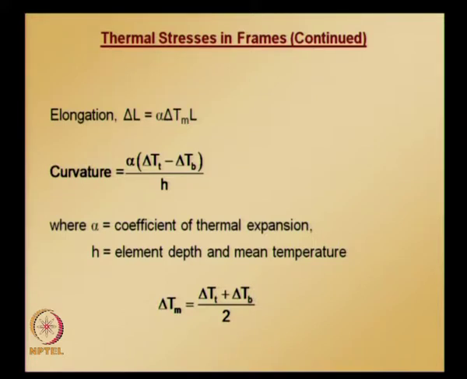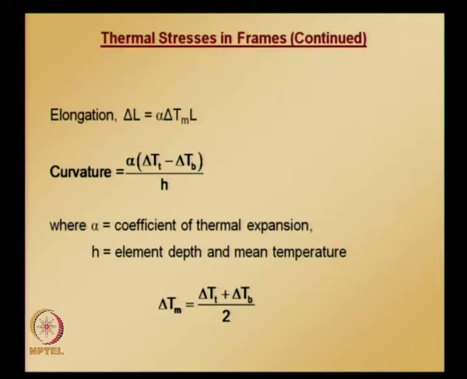We know that once we know the elongation, we can find the strain, and once we know the strain, we can find the axial force. Similarly, we know the relationship between bending moment and curvature. Since we know the curvature, we can find the bending moment.